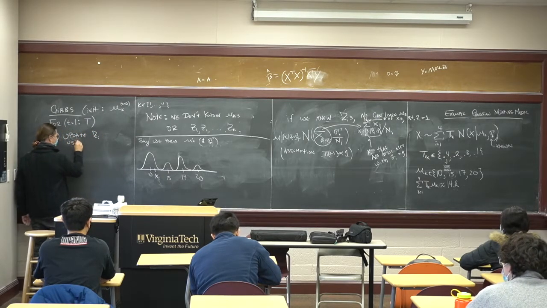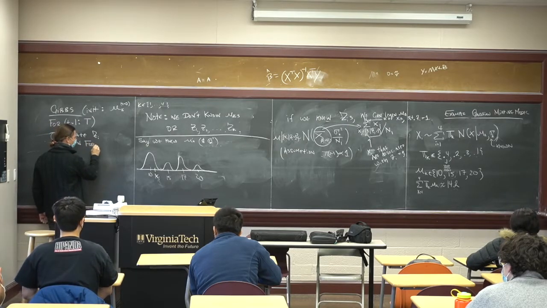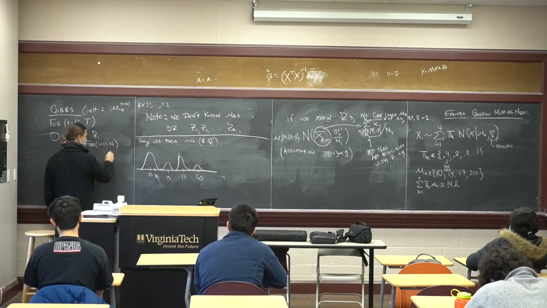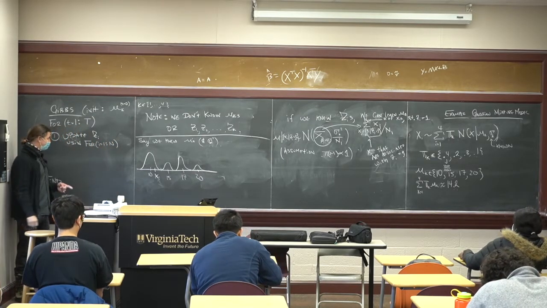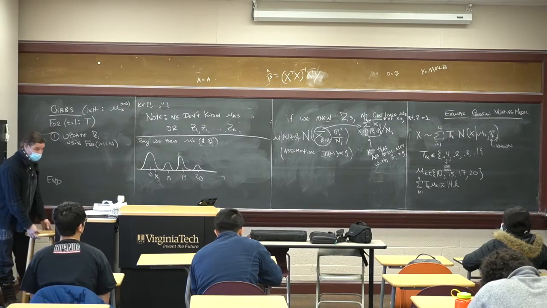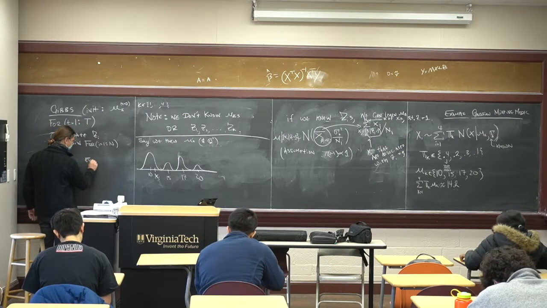Using, and I'm going to have this little for loop built in here. For i goes from 1 to n. So I'm going to have to run all of these. If you're worried about speed, you can do these all in parallel. They're all independent of each other. It's a trivial thing to parallelize.